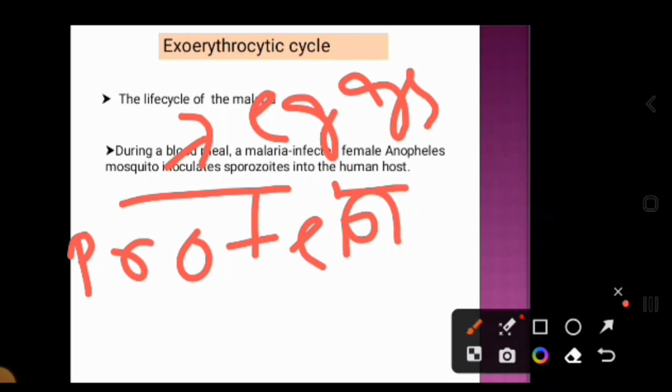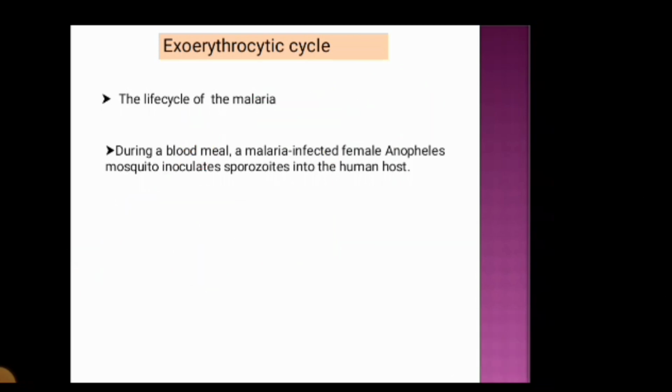That's why the female Anopheles mosquito takes the blood meal to produce the eggs. But both female and male Anopheles mosquitoes eat flower nectar as their food source.